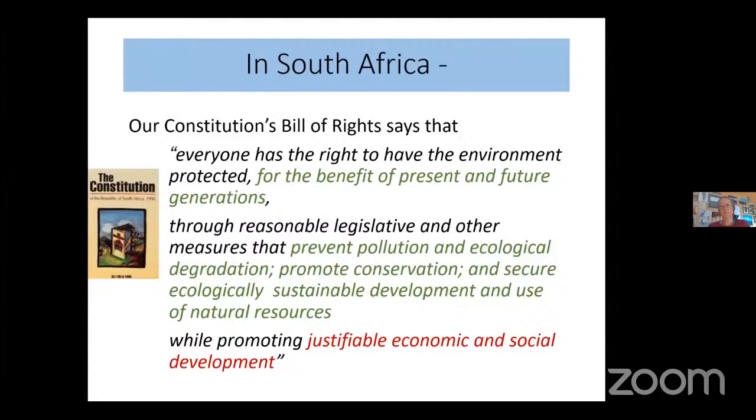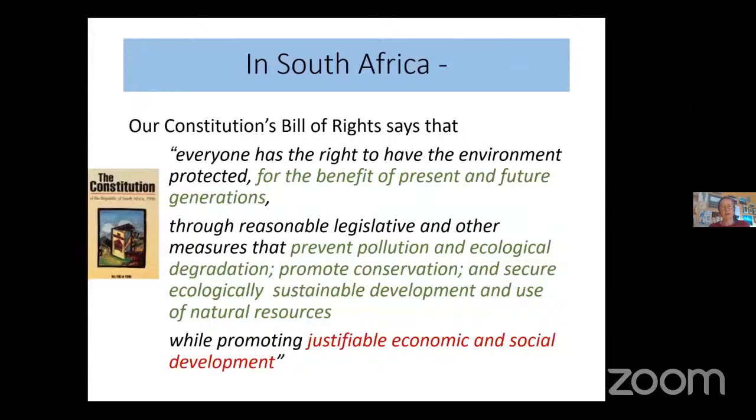If we take a step backwards now and just look at what's going on in South Africa, we have a constitution with a Bill of Rights that specifies that everybody has the right to have the environment protected for the benefit of present and future generations. This is really important because it promotes sustainable development.